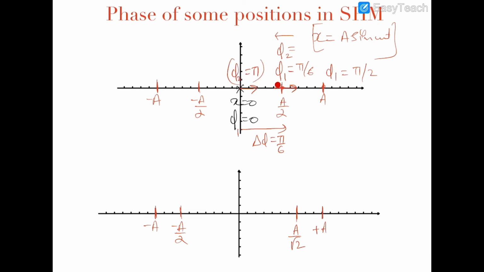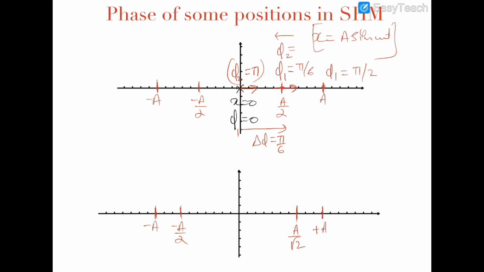So if the particle has not returned to this position, and in fact it has moved forward to a and then it has returned till a by 2, this particle has not completed its journey to this mean position in the second time. So it has stopped at this position a by 2.